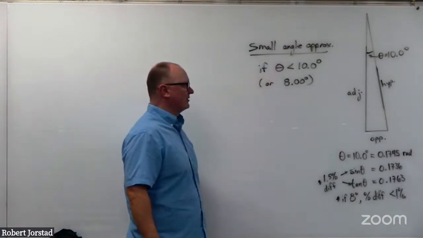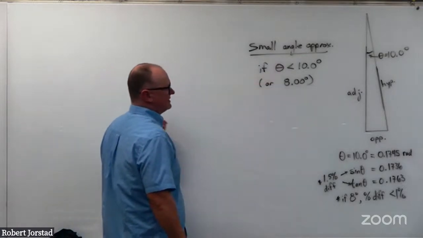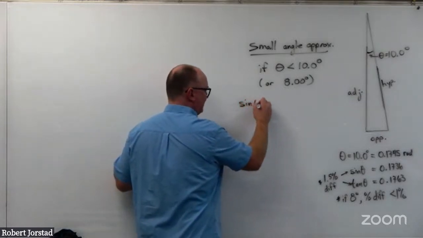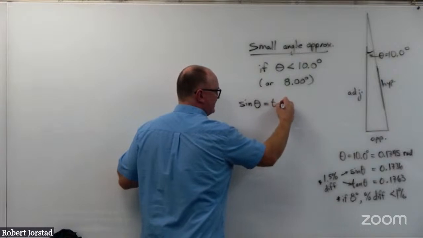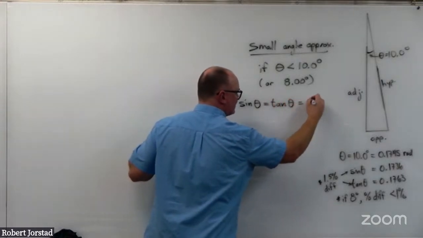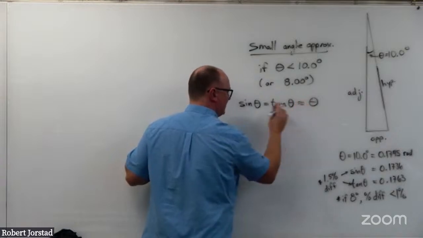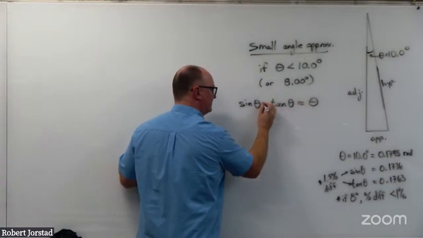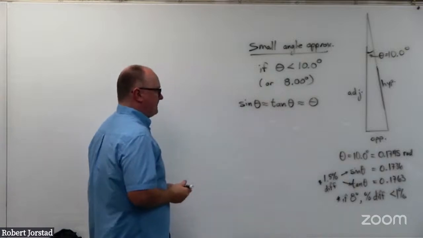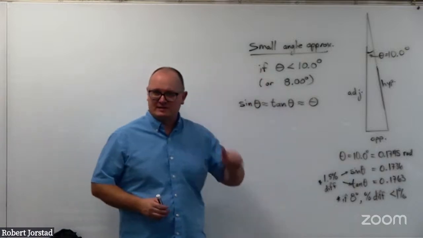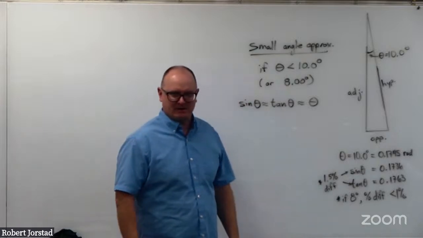Somewhere in this 8 or 10 degree range. If theta is less than 10 degrees or 8 degrees, we say that sine theta equals tangent theta equals theta. And I guess strictly speaking, I should use approximately equal. All right. So this is what we mean when we say the small angle approximation.